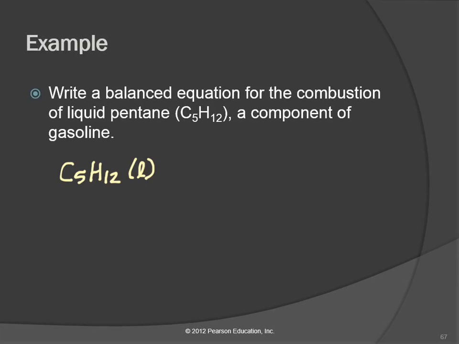What's the other reactant? It's oxygen, O2. What's the state of oxygen? It's a gas. So here we have a compound containing only carbon and hydrogen reacting with oxygen. The products are always going to be the same. Carbon dioxide, what's the state of that? A gas. And water.